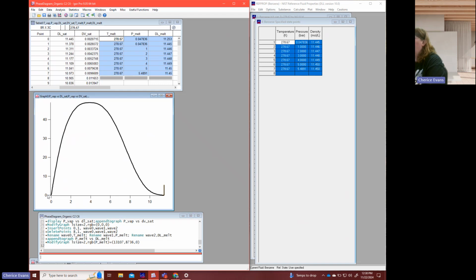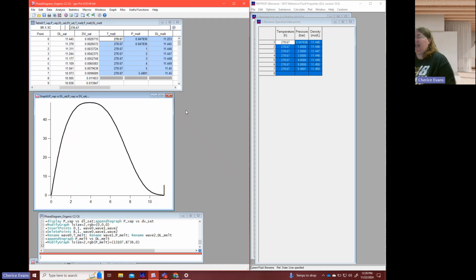If the triple point pressure is less than 100 millibar, the sublimation line is pretty much not going to be in a range where you have to worry about it too much. As the triple point pressure increases above 100 millibar, 0.1 bar, then you're going to begin to see a gap here, and you're going to need to start being concerned about it. I might do CO2 as an example for that in another video.